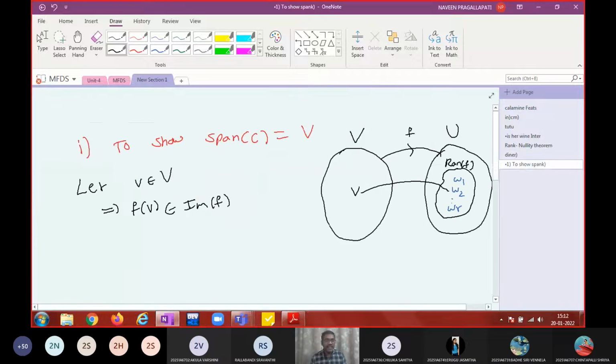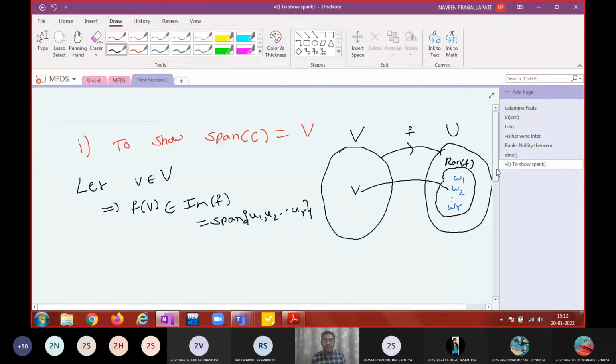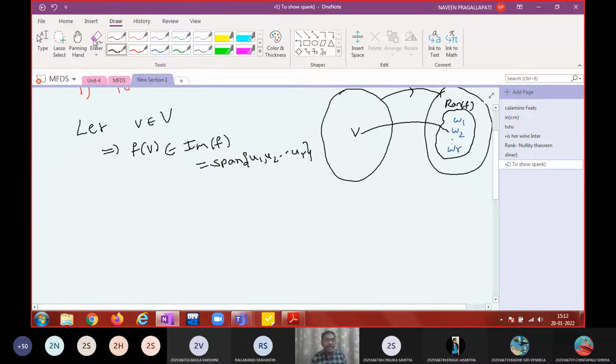Because it is nothing but the span of U1, U2, and so on UR, since U1, U2 and so on form this basis, there exist some scalars alpha 1, alpha 2, and so on alpha r, such that f of v can be expressed as a linear combination of these elements.